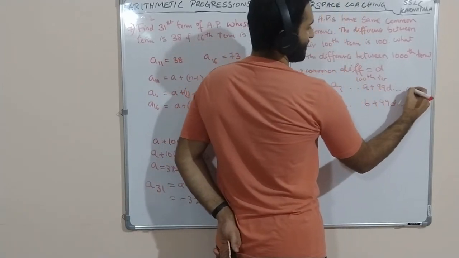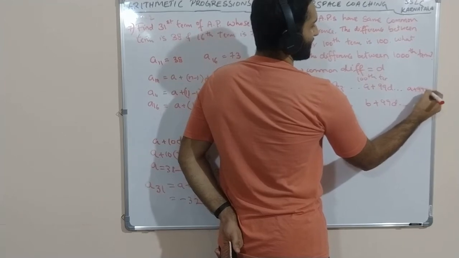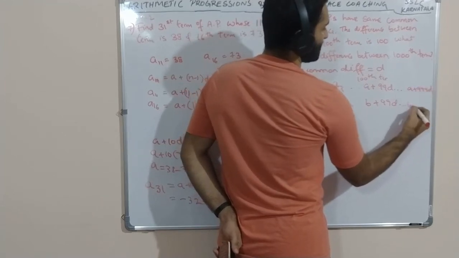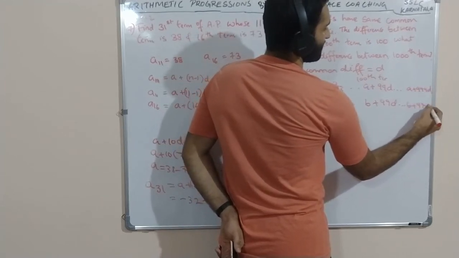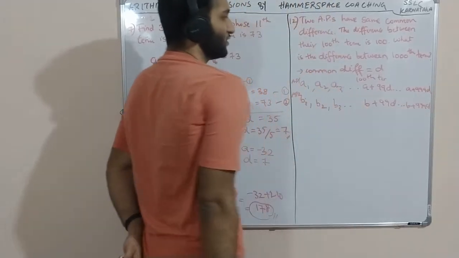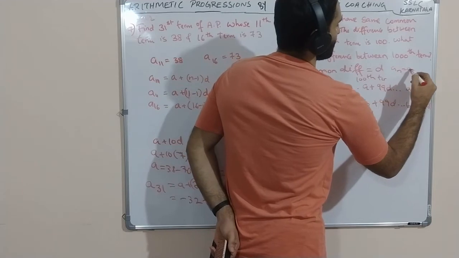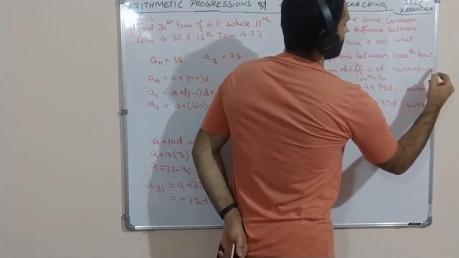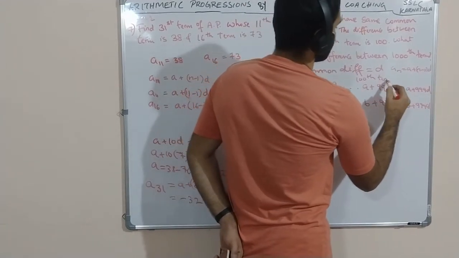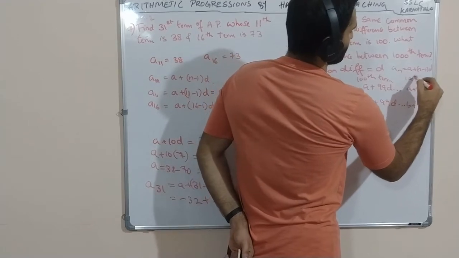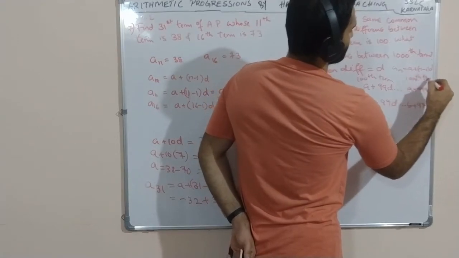The 1000th term will be A plus 999D, and this will be B plus 999D, since 1000 minus 1 into D. So AN equals A plus n minus 1 into D. This is the 100th term and this is the 1000th term.